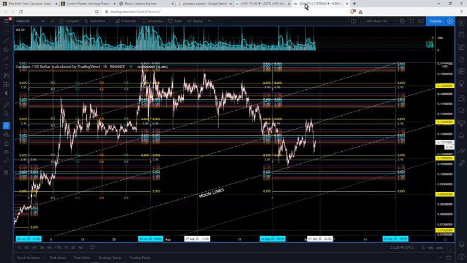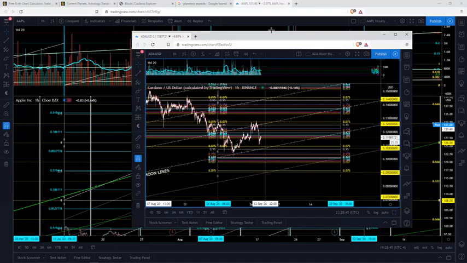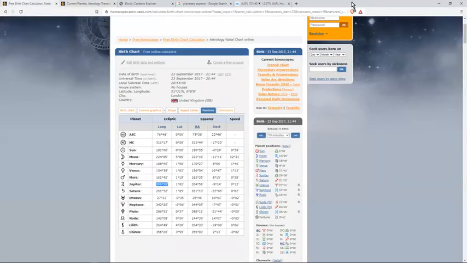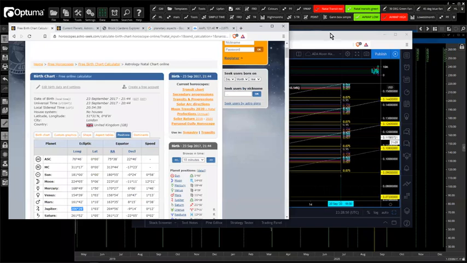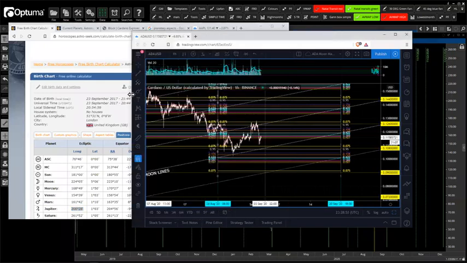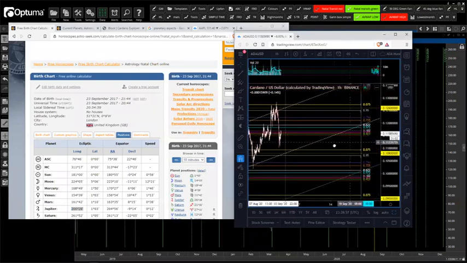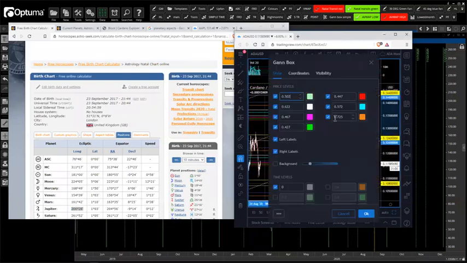And here I have, let's see, let's make sure I've got it right. Have our 2 charts here. Okay. So if I double click on one of these boxes, I've got my ratio set already.